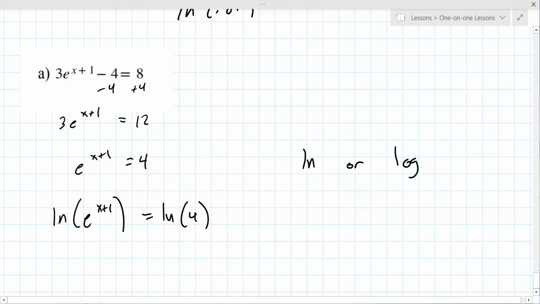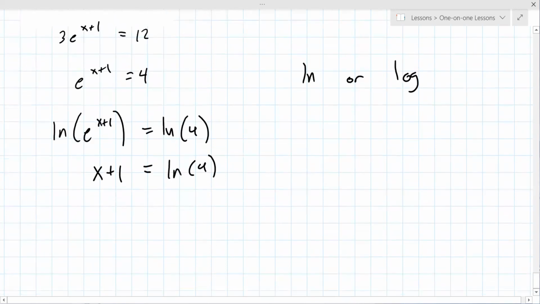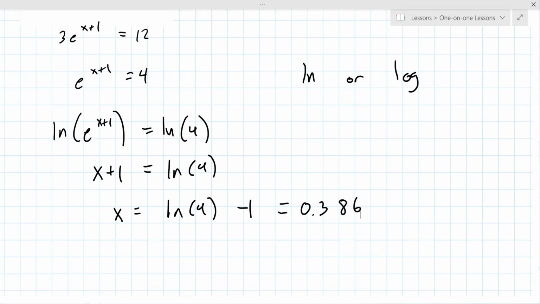So this ln undoes the e, so it becomes just x plus 1. x plus 1 equals natural log of 4. You subtract 1 from both sides, so x equals natural log of 4 minus 1. It does say to round to the nearest thousandth, so you definitely want to put that into your calculator and make sure you see how to get this. 0.386 for that. Okay.